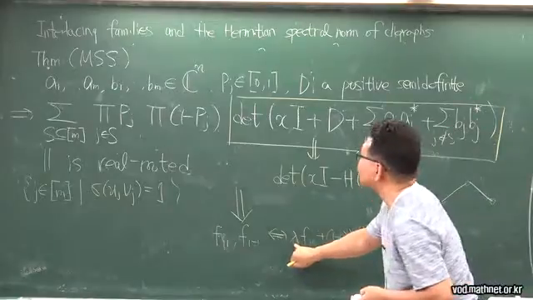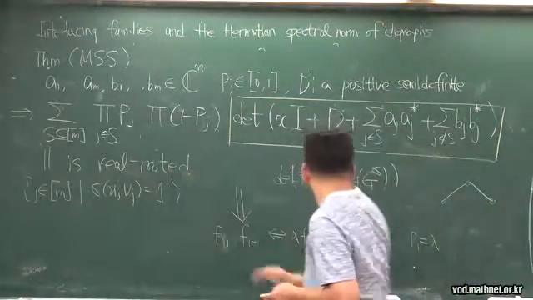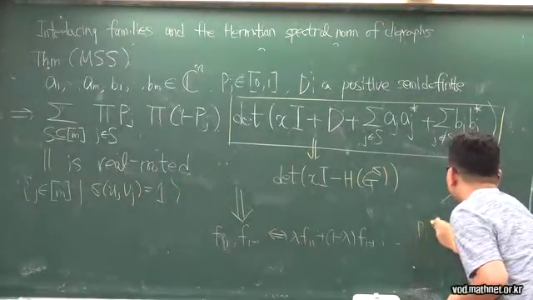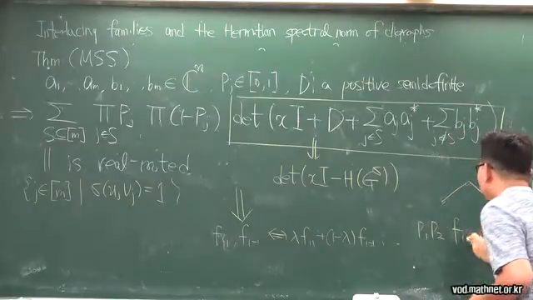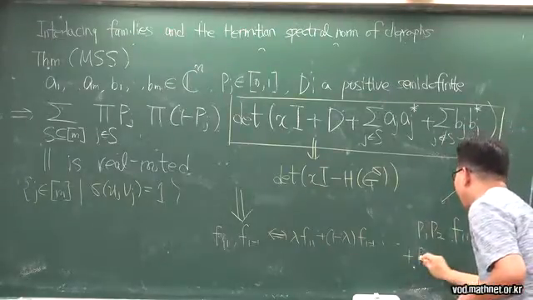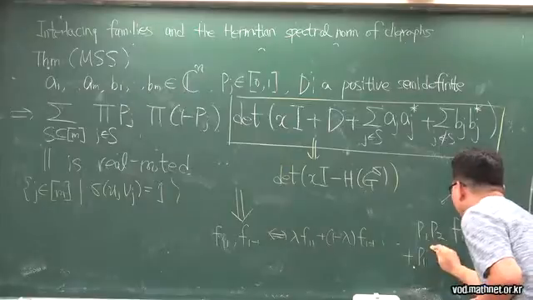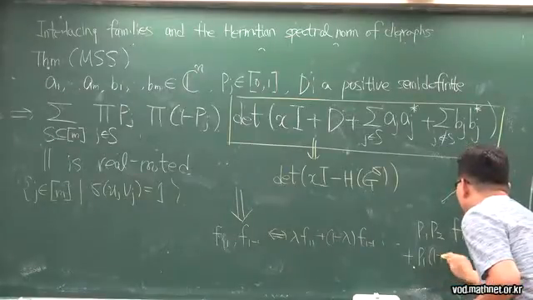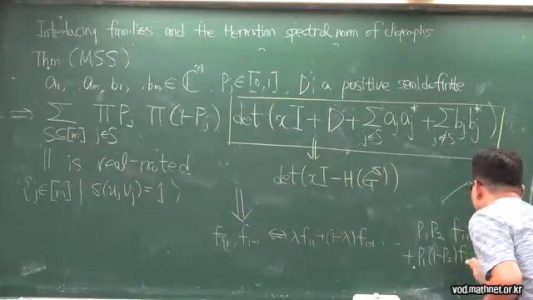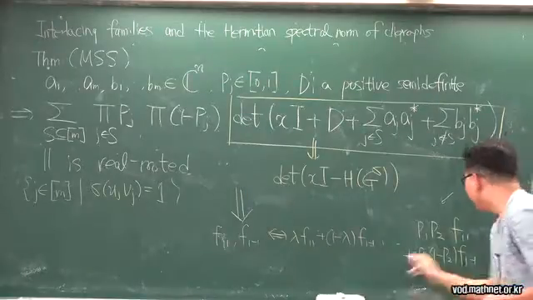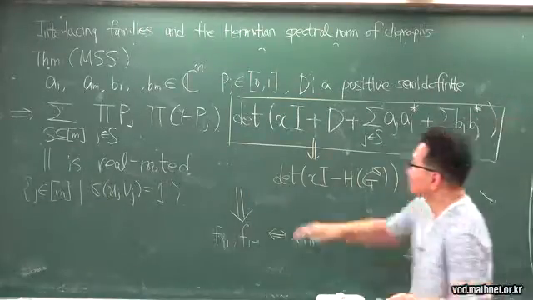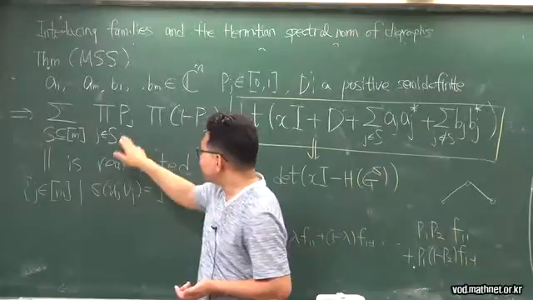So that is P sub 1 and P sub 2 times F11, plus P sub 1 times 1 minus P sub 2 times F1,minus 1, because 1 corresponds in here.